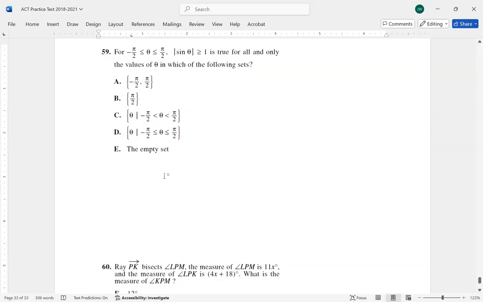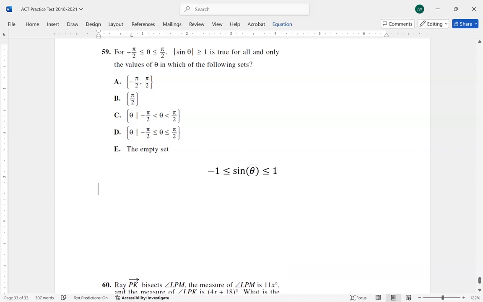Basically, what this is asking us to do is figure out when sine of theta is, well, sine is always between -1 and +1. The output of sine is always between -1 and +1. So when is it greater than or equal to 1? It's greater than or equal to 1 whenever sine is equal to -1 or sine is equal to +1.